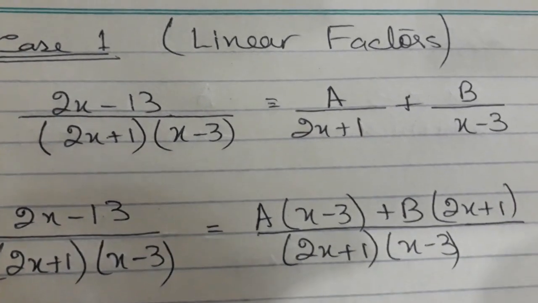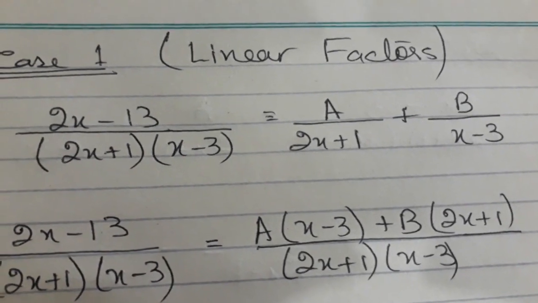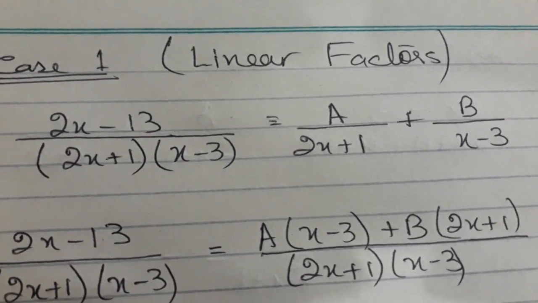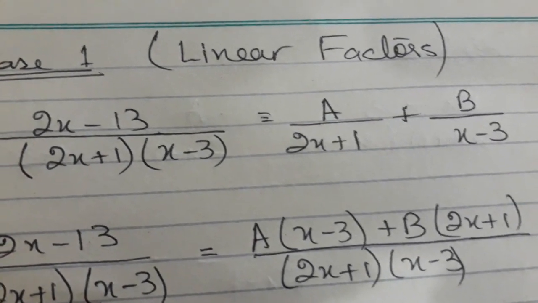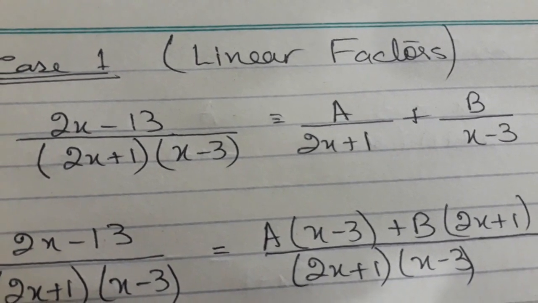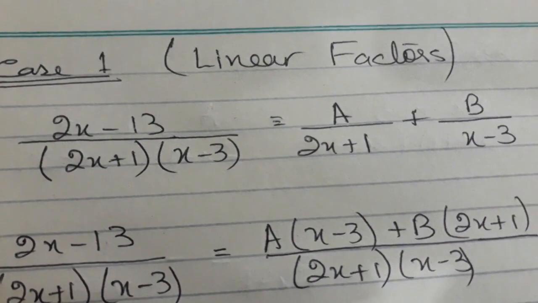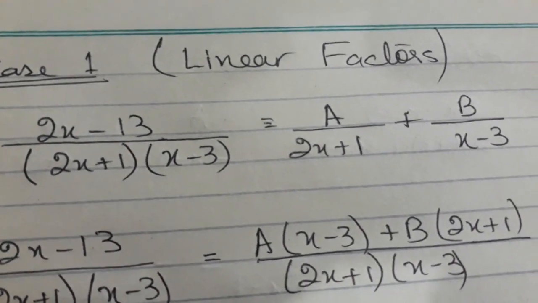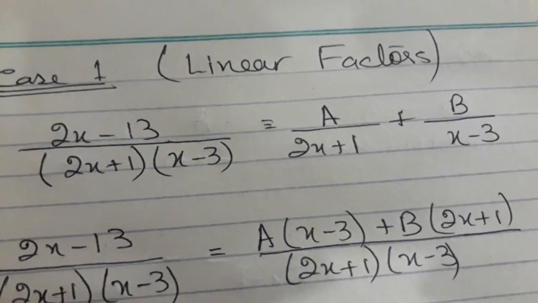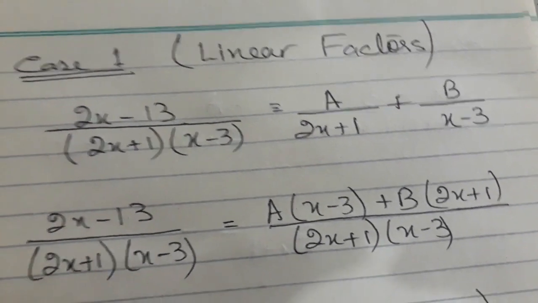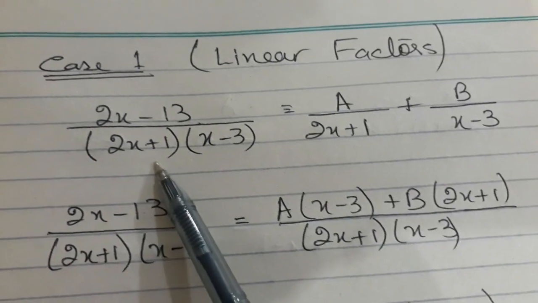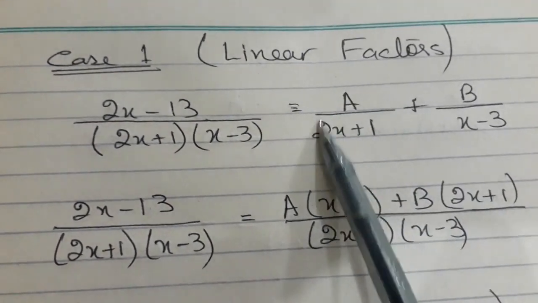Now case number 1, when you have two linear factors, always remember when you are decomposing it, on top of each linear factor you will write a single alphabetic letter. Now A and B, it's not fixed, it's just any letter, whatever you like. So when it is decomposed, it will take this shape.